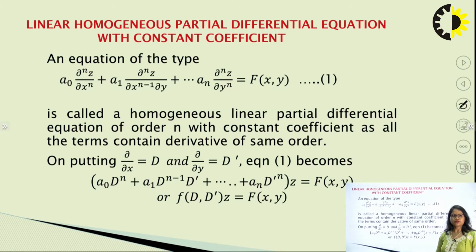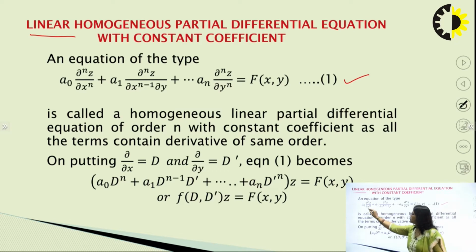Now, first of all, we are considering a linear homogeneous partial differential equation with constant coefficients. What is the meaning of the term linear? Here an equation is written, equation number 1, and the terms written here all have the power 1. The derivative of z with respect to x is taken n times, but the power of this derivative is 1.